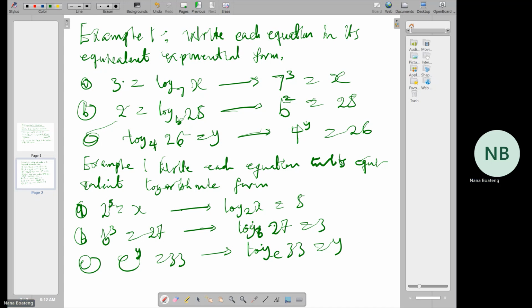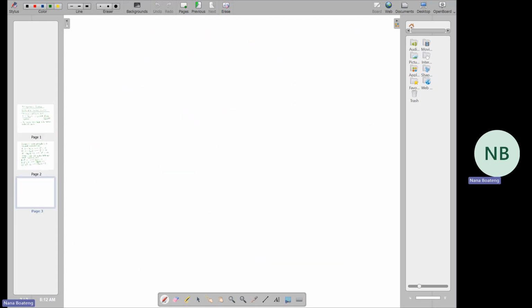All right, so let's look at some other examples. So this is example 3a and b. It says evaluate.